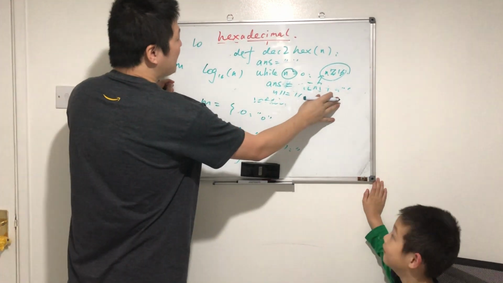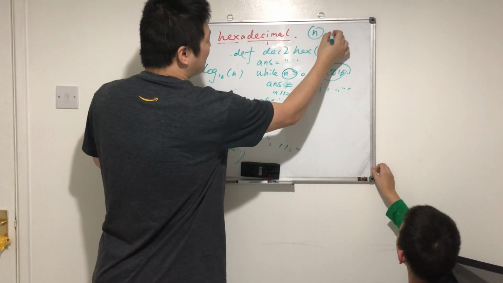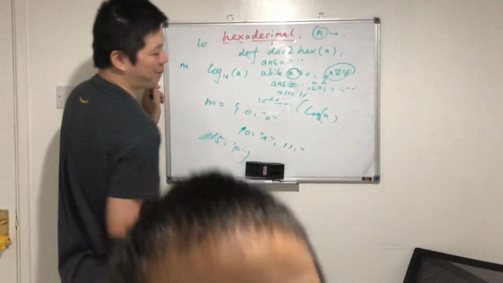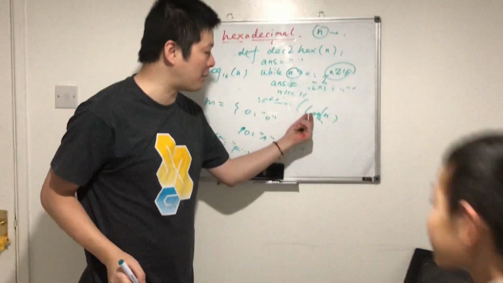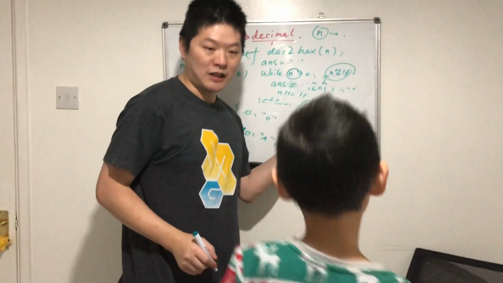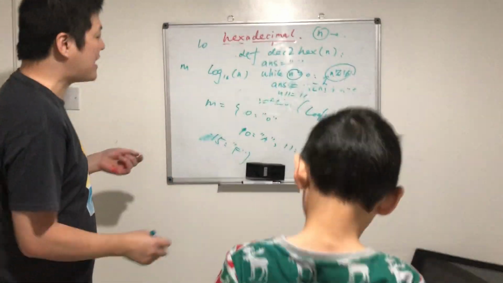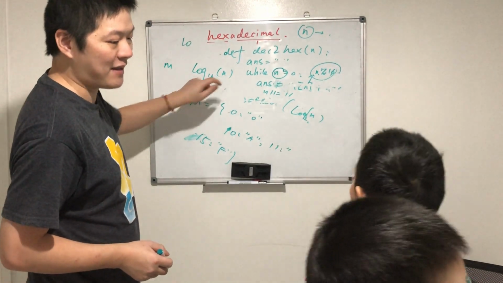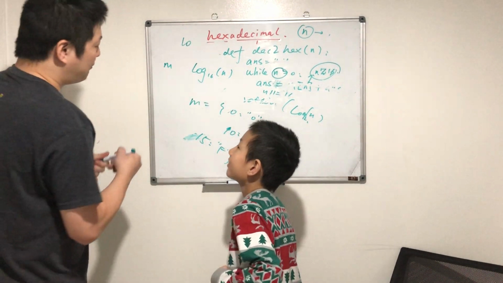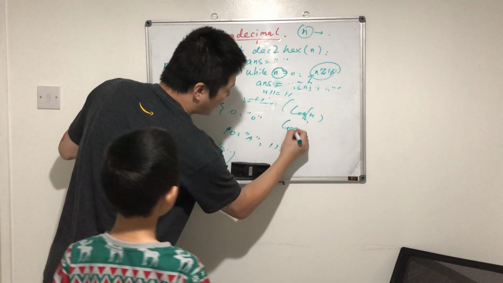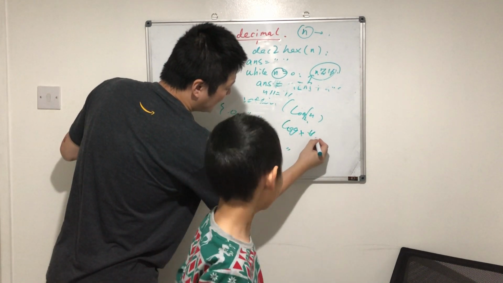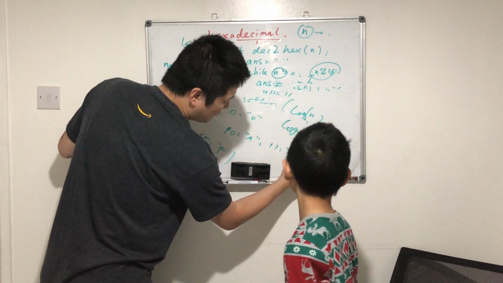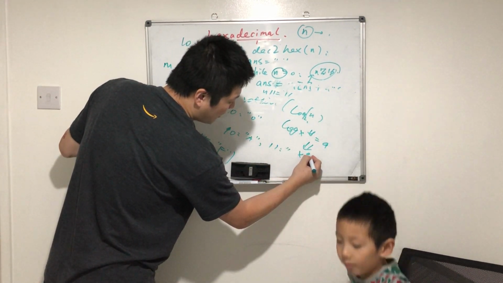If I tell you a number n and I want to convert it to binary, it takes log n, because that's base 2. When we talk about log n, it's base 2. But this is 16, every time we divide by 16, so it's log base 16 of n. Remember, log base x of y equals a means x to the power of a equals y.